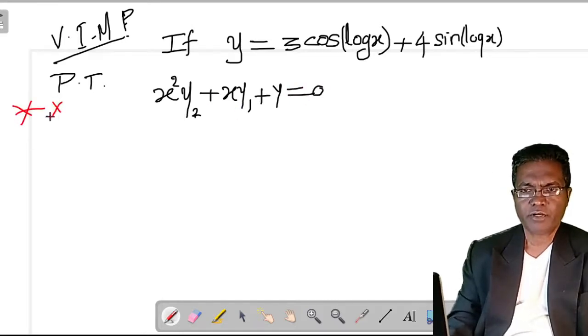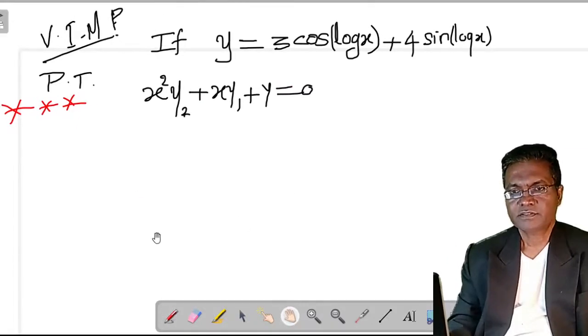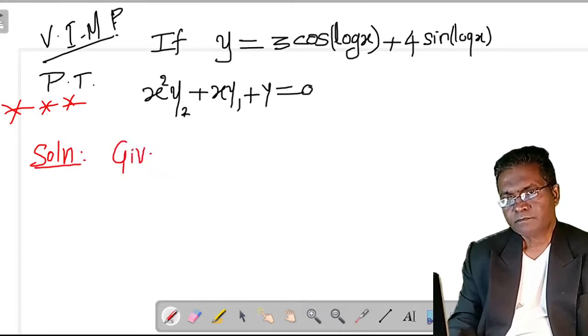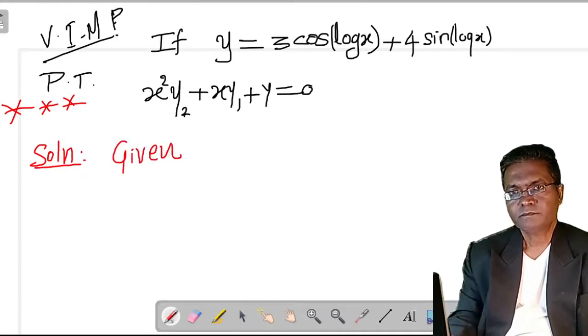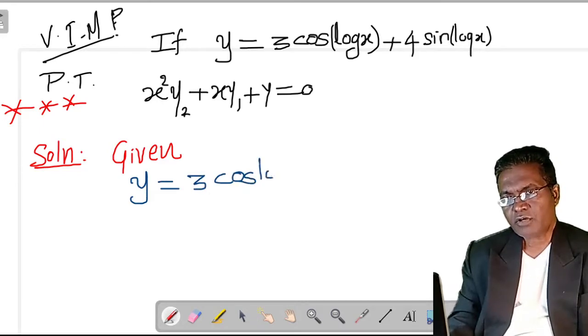Okay, an important one. So write the given: y is equal to 3 cos log x plus 4 sin log x.